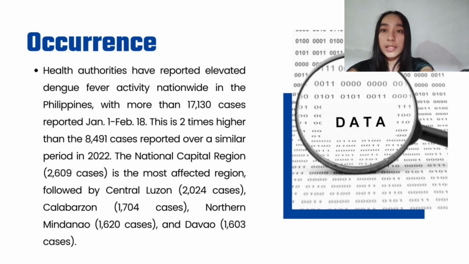According to the latest reports from health authorities, there has been a significant increase in the number of dengue fever cases in the Philippines from January 1st to February 18th. A total of 17,130 cases have been reported, which is more than double the number of cases reported during the same period last year. The region with the highest number of cases is the National Capital Region, which includes the city of Manila and surrounding areas.